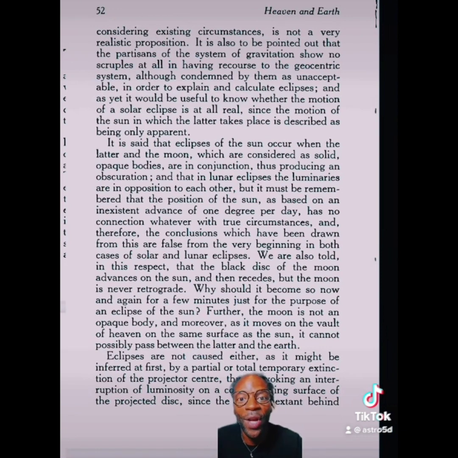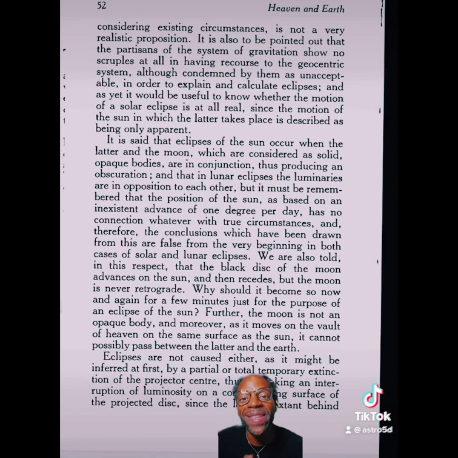And therefore, the conclusions which have been drawn from this are false from the very beginning in both cases of solar and lunar eclipses. We are also told in this respect that the black disk of the moon advances on the sun and then recedes, but the moon is never retrograde. Bars! Why should it become so now and again for a few minutes just for the purpose of an eclipse of the sun?